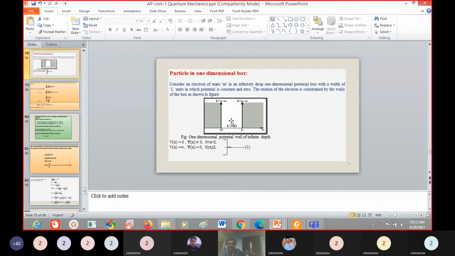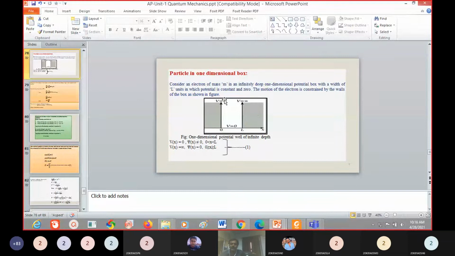So what is the energy? Suppose that electron has energy E. Inside the box we have to consider that there is no potential energy, so that means we are taking a box. If you take an atom also, there should be some boundaries at the starting and ending.